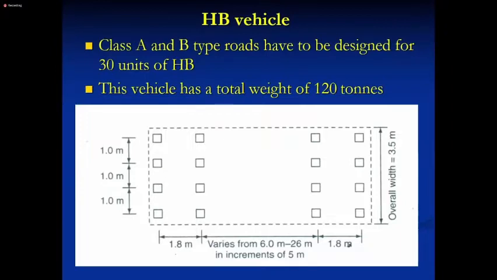To take that pressure, the road has to be strong. We are allowing a fairly high pressure on the road. So road should be capable of carrying that kind of load. So that's why you have to design the highway using Road Note 31.